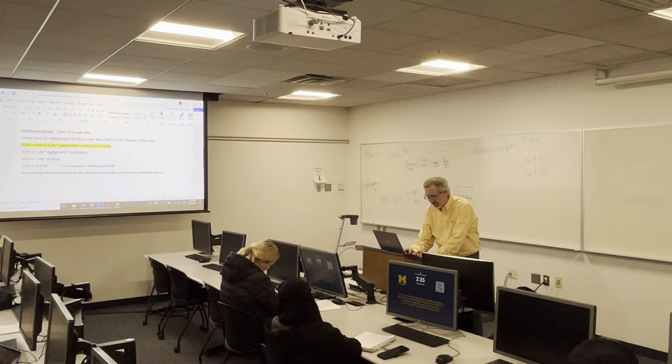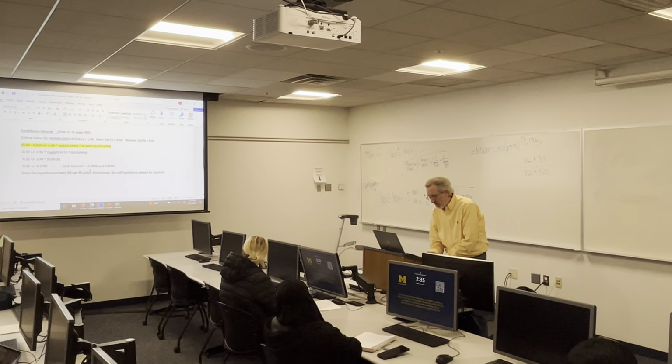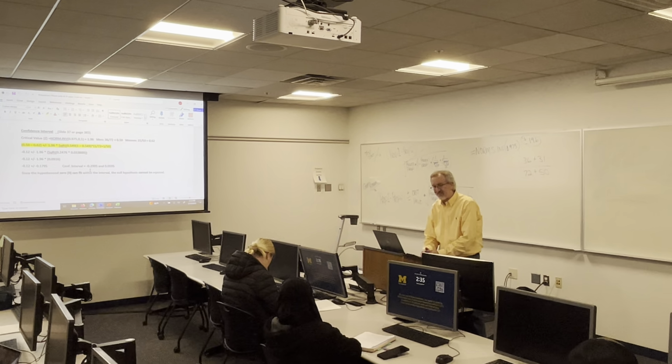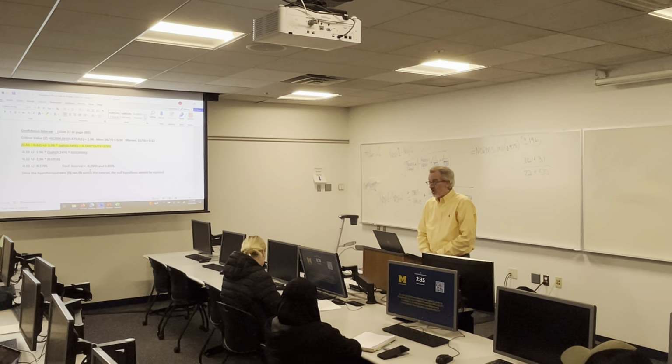There's a couple of calculations. I get an interval of negative 0.2995 and positive 0.0595. One of the numbers is negative, one of the numbers is positive, so we know 0 does fit between the two confidence interval limits, which means we cannot reject the null hypothesis using the confidence interval.